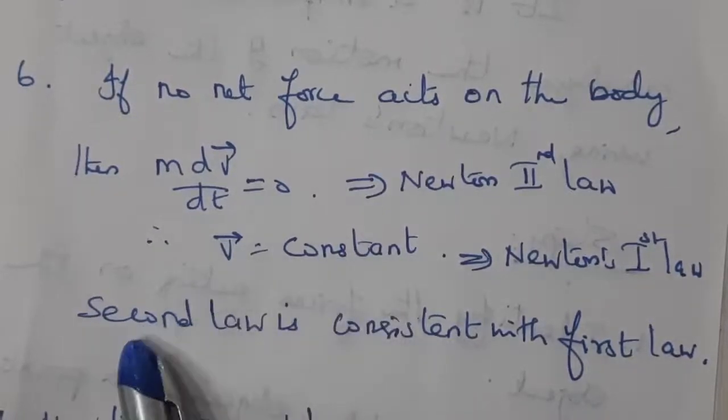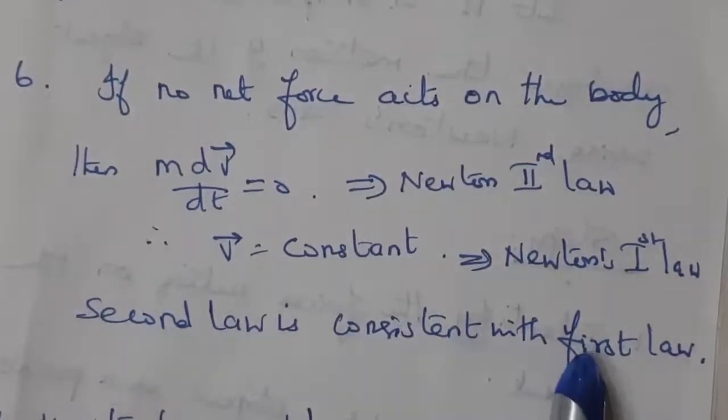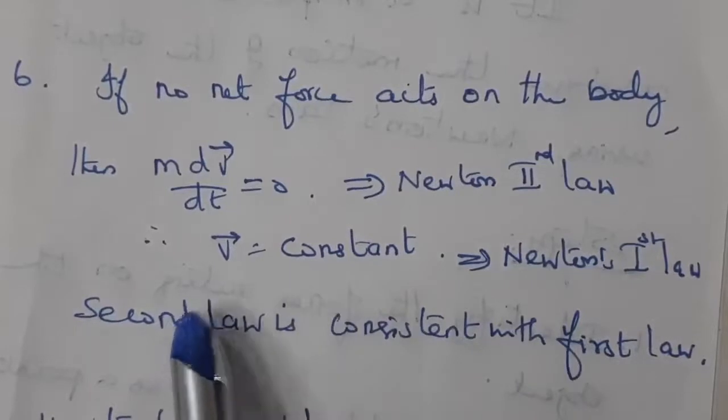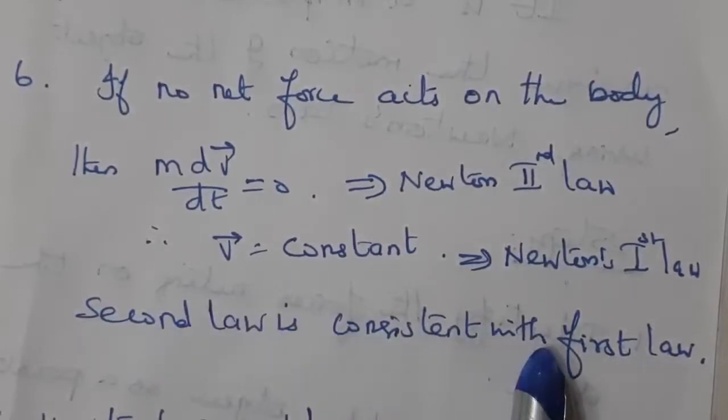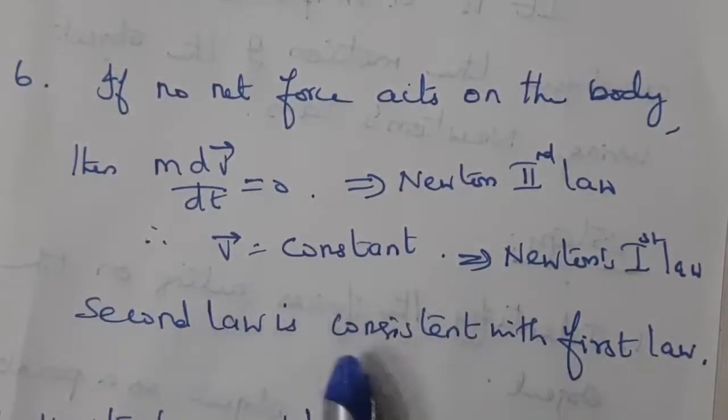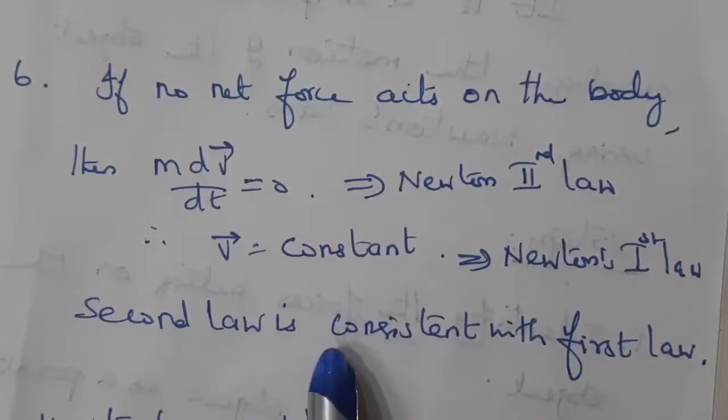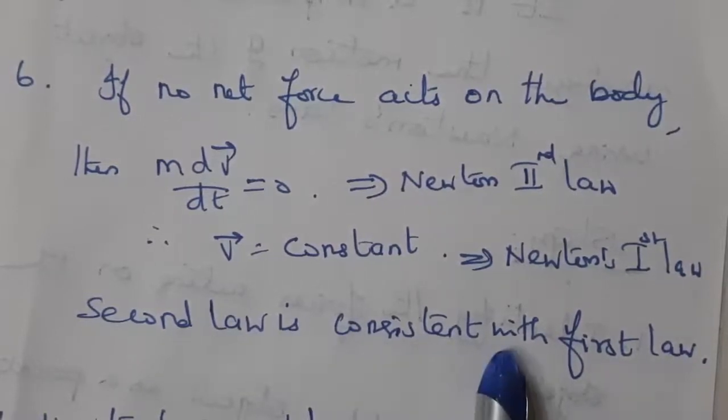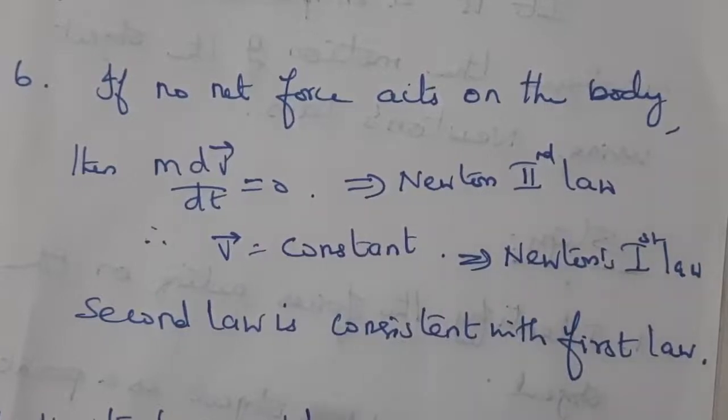Isn't it? So the second law is consistent with the first law. But Newton's first and second laws are independent laws. They are internally consistent with each other but not derived from each other.